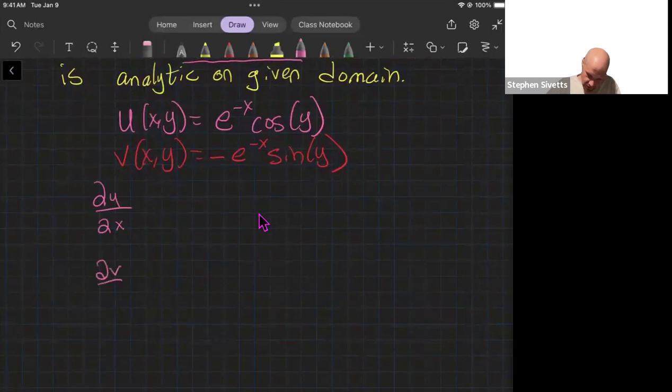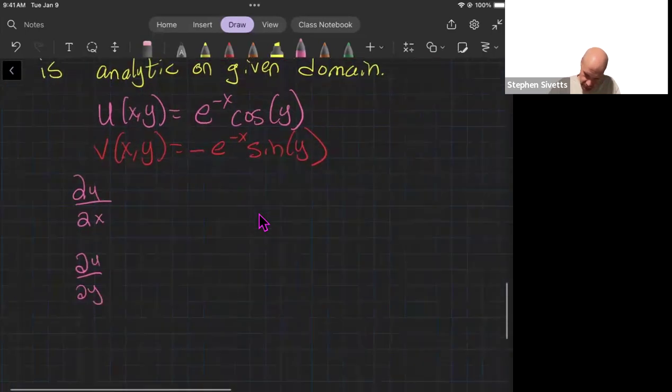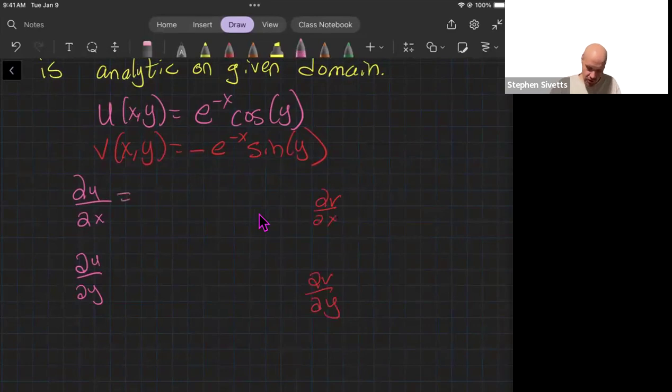So partial of u with respect to y, partial of v with respect to x, partial of v with respect to y. Let's start off with the partial of u with respect to x. All we do here is differentiate the functions that contain x, and leave the other variables as constants.